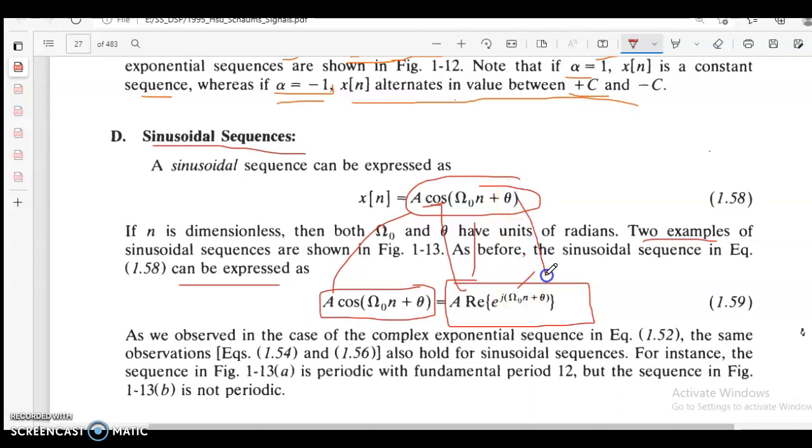This theta is coming here, but only the real part. This omega naught n is also coming here. Both are coming here. This is the real part of e power j, only for cos. Cos is the real part, sin is the imaginary part.